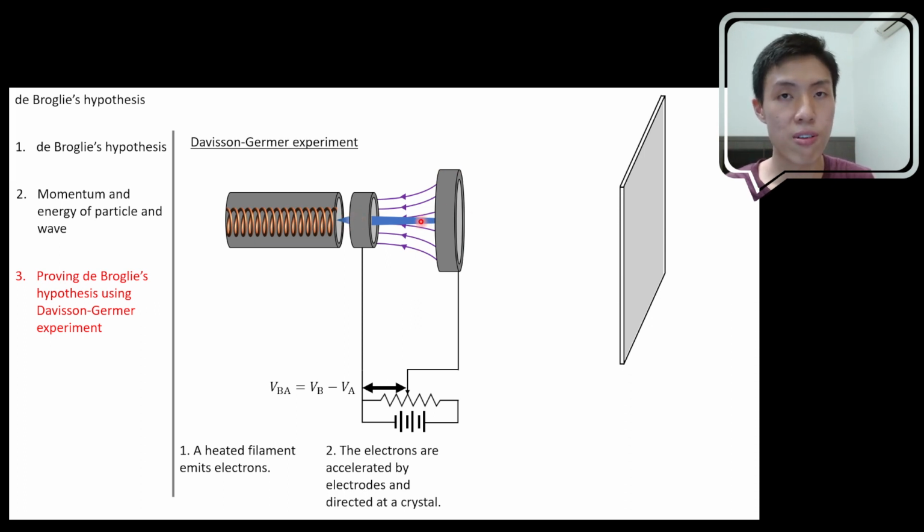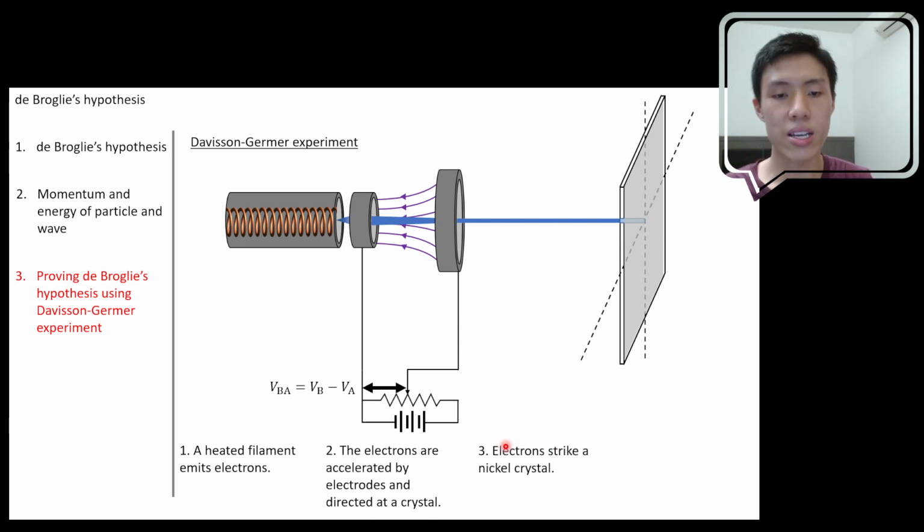Of course, negative and positive attract each other, so the electron gets attracted towards this positive electrode. But it just passes through this electrode with a higher speed, aiming towards the nickel crystal. That's what I mentioned just now: we are going to have the electrons strike the nickel crystal.